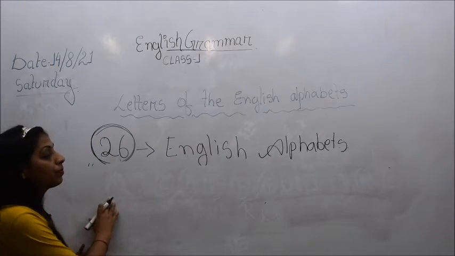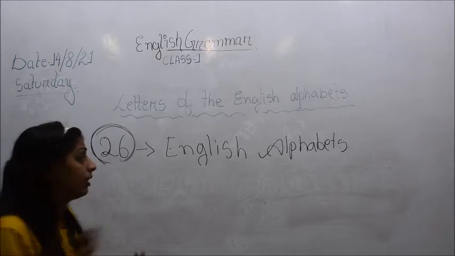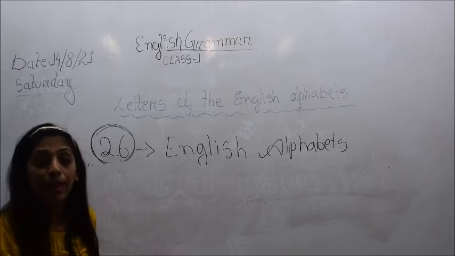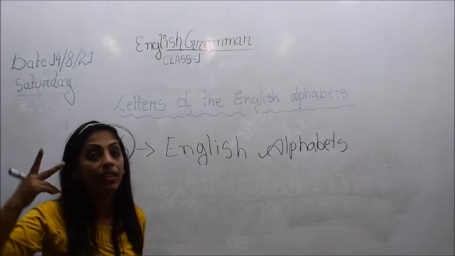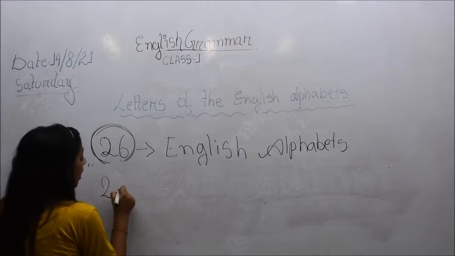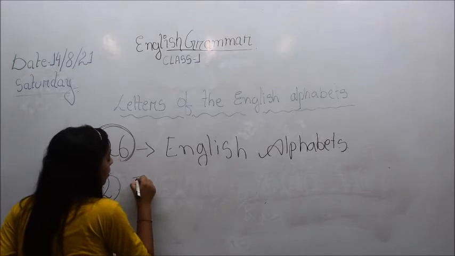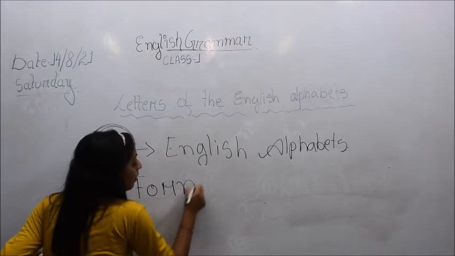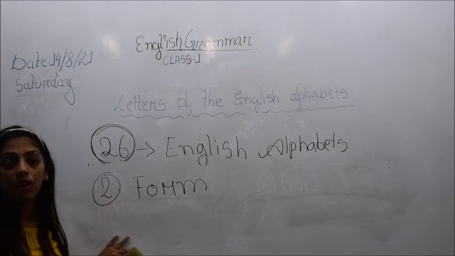So this English alphabet, there are 26 letters in the English alphabet, and these alphabets can be written in two forms, okay. It can be written in how many forms, children? It can be written in two forms, all right.